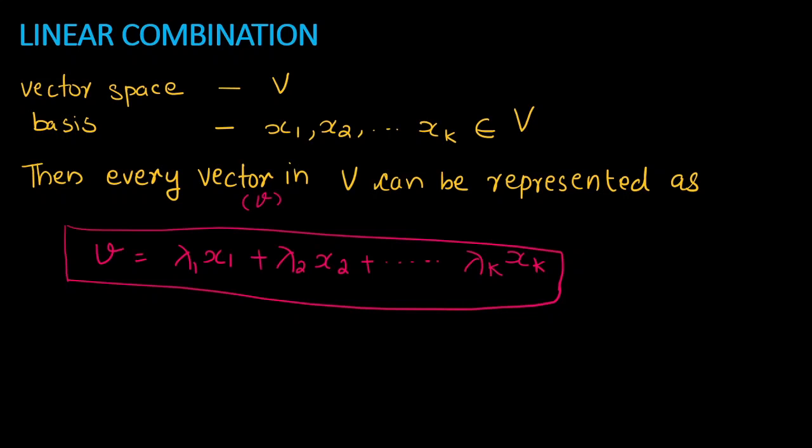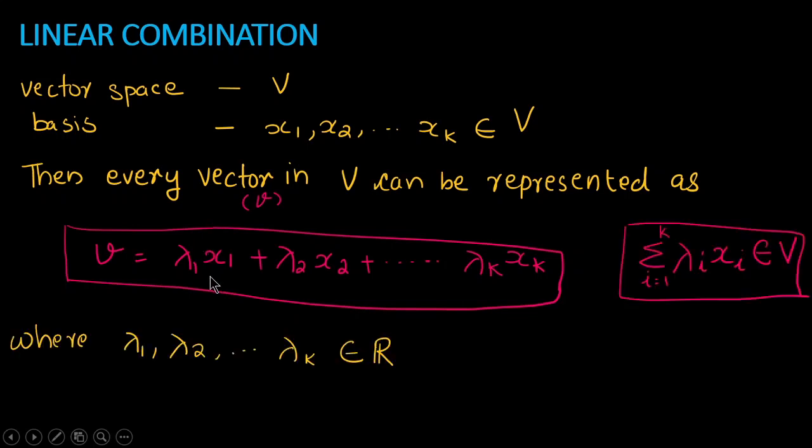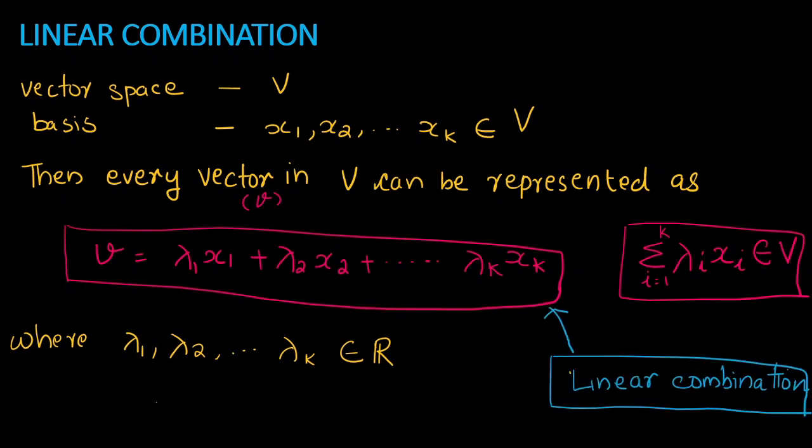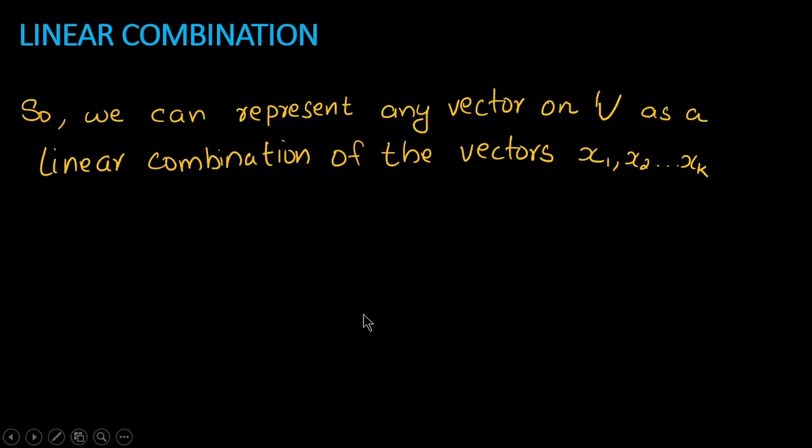So any vector on V can be represented as a linear combination of the basis vectors and real numbers. Here lambda 1, lambda 2, etc. are real numbers, and this is called the linear combination. We can represent any vector on V as a linear combination of the vectors x1, x2, etc. up to xk. And in this case, this set x1, x2, etc. may not be a basis set also.